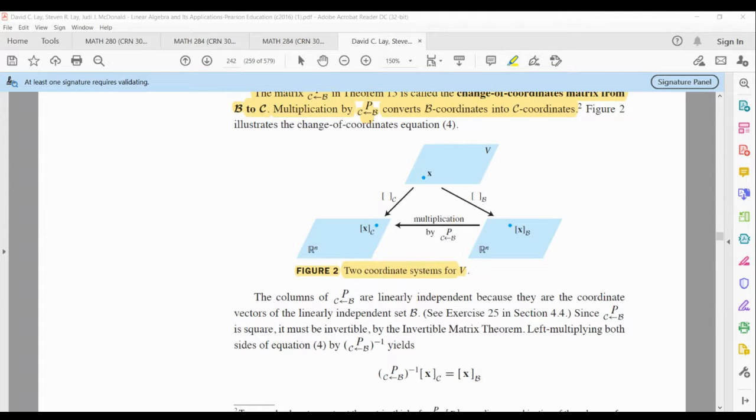Now you might be wondering, what's the change of coordinates matrix from basis C to basis B? How would we get that? Well, remember that we can take that equation that we had before and multiply it.